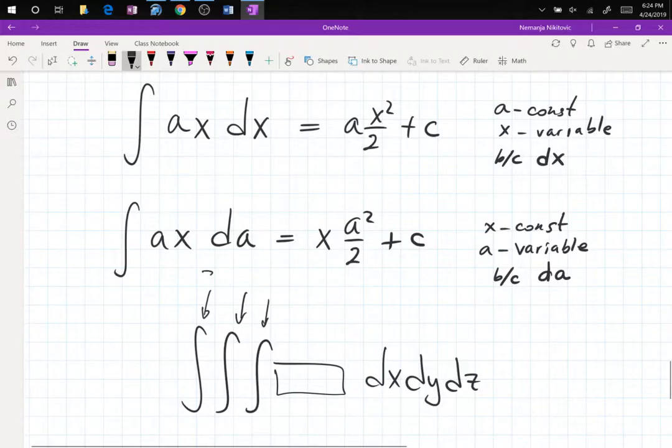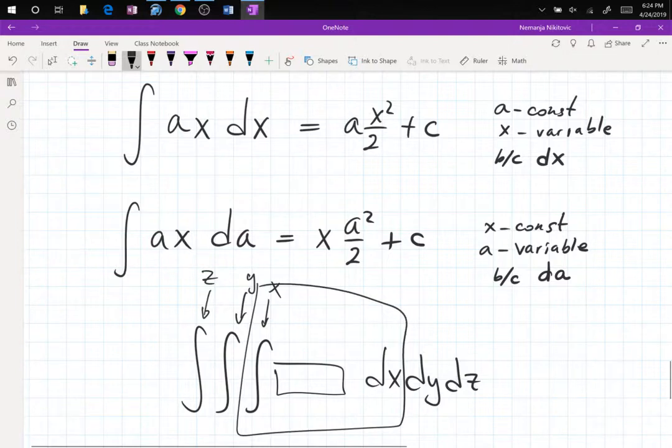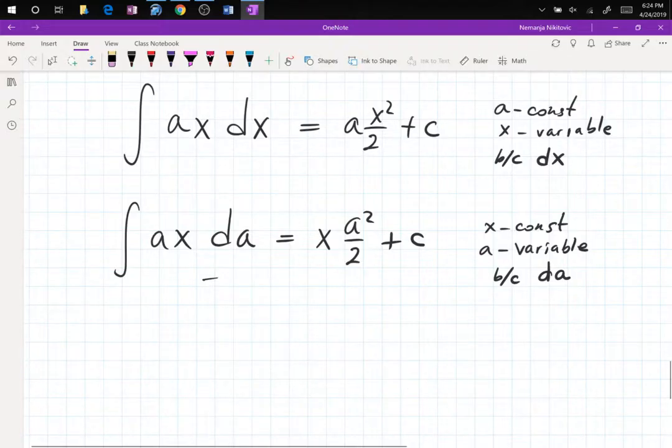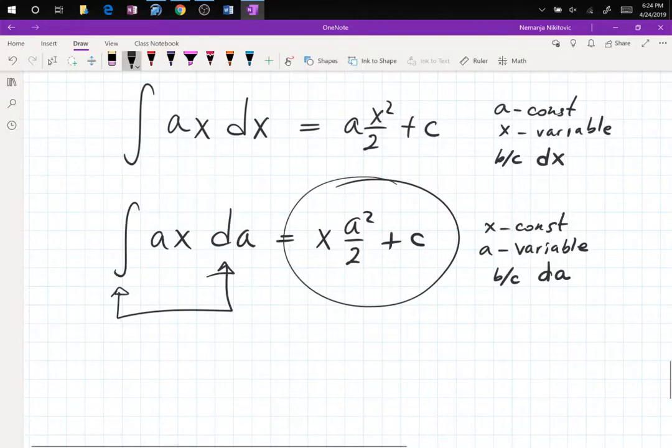So the first integral would be z, the second one is y, and the one inside is x, so they are paired like that. That's Calc 3. So it is extremely important to understand that these dx's and dy's are not optional. They have to be there, and they actually pair with their symbol over here, and they work together. As soon as you integrate, both of those symbols go away.